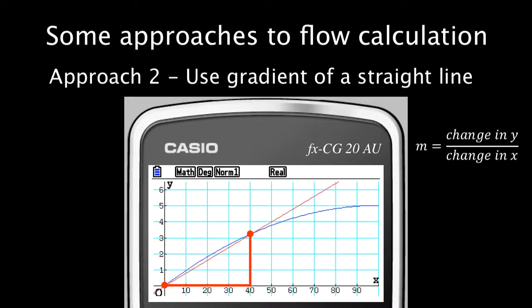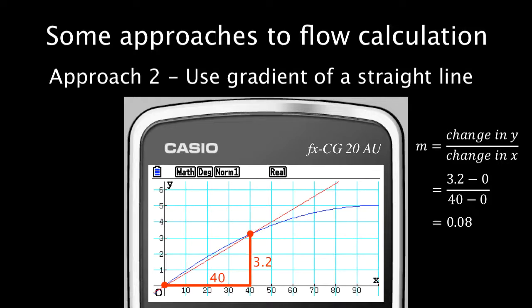Then the gradient of this line is calculated, which in this case is 0.08. And so the conclusion is that the rate of flow is 0.08 litres per second.